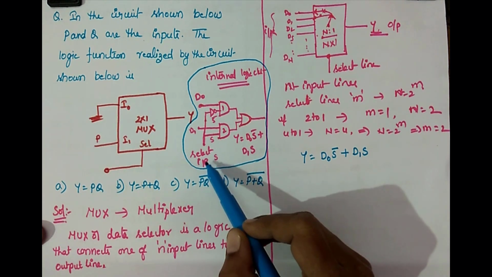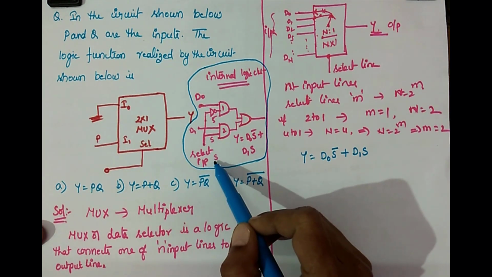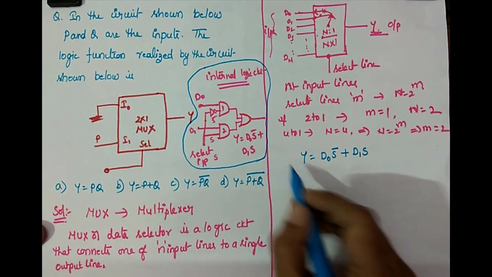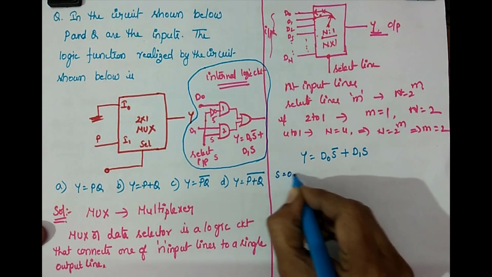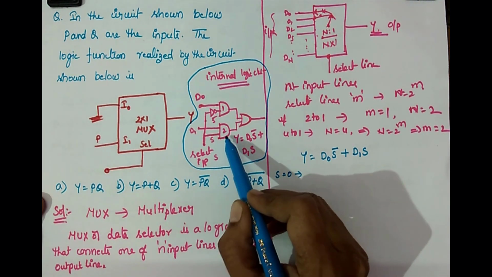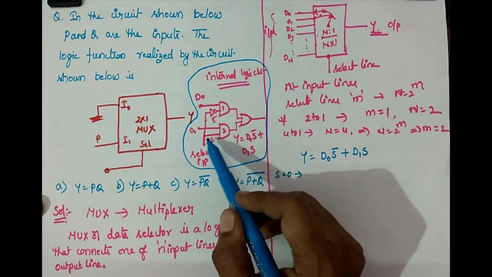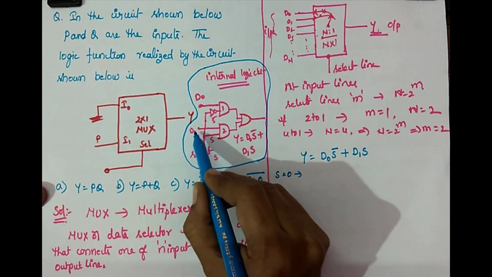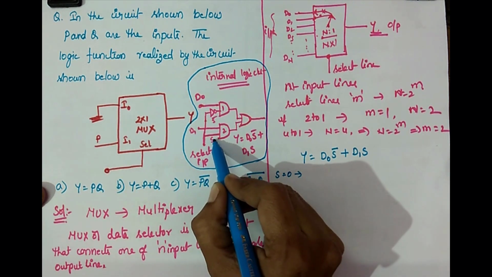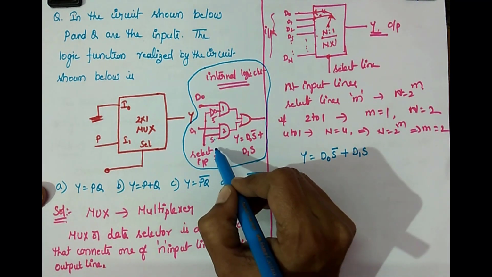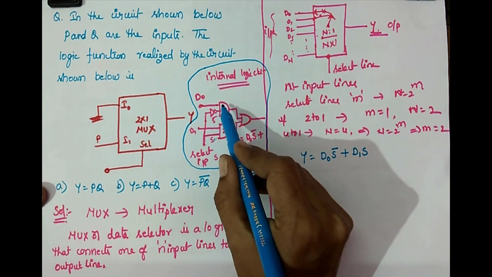Now whenever the select line S is equal to 0, what will happen? If S is 0, AND gate 2 output is 0, so this is disabled, and if S is 0, S bar is 1, so AND gate 1 gets enabled.